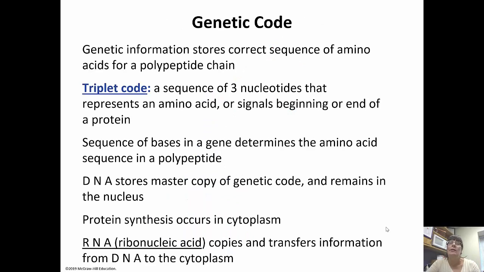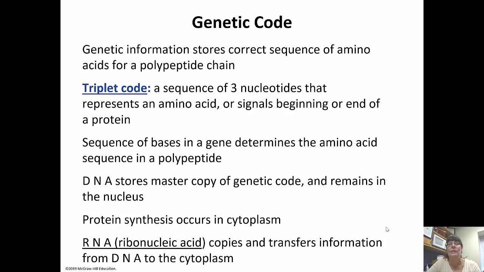So the genetic information also stores the sequence of amino acids to make proteins. The triplet code is the 3 nucleotides that represent an amino acid, or it can signal the beginning or the end of a protein. The sequence of bases in a gene is going to determine what amino acid is there.